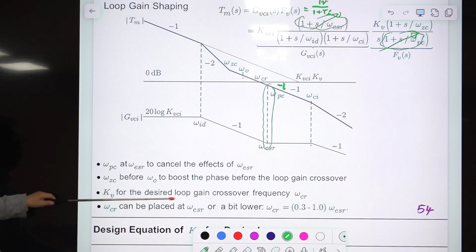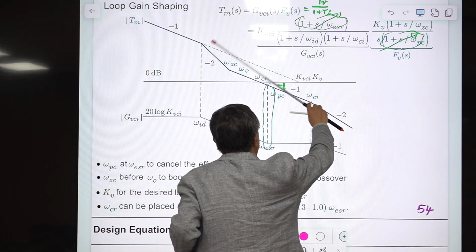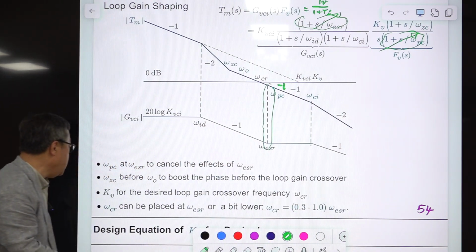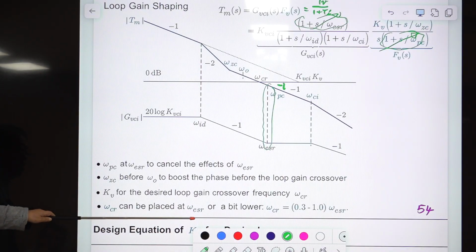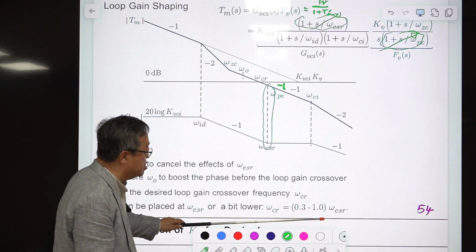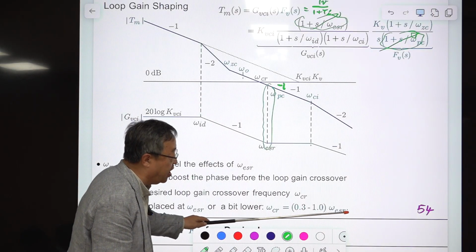And KB is determined, this gain is determined to locate omega CR at the desired frequency, and omega CR can be placed at omega ESR or slightly lower than that. So the suggested number is 30 to 100% of omega ESR.